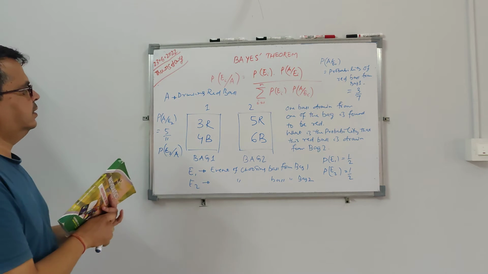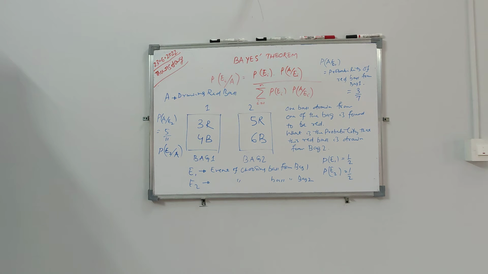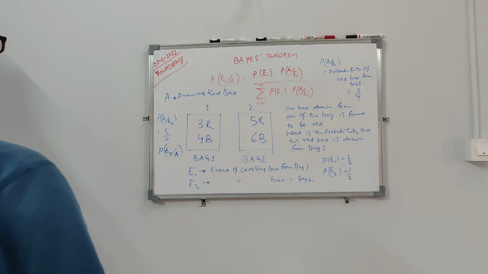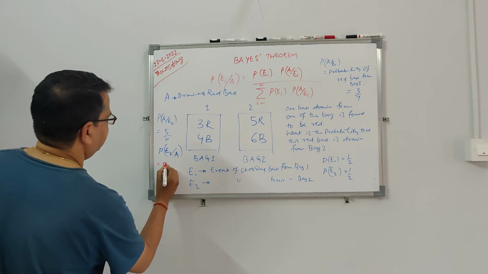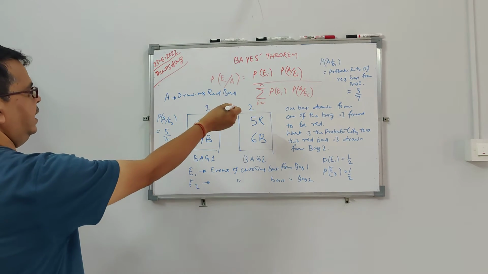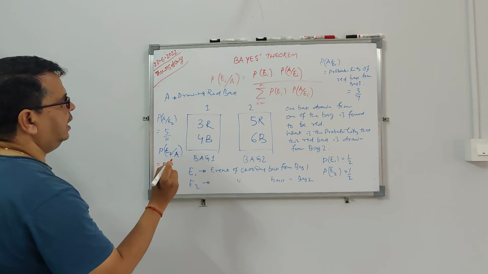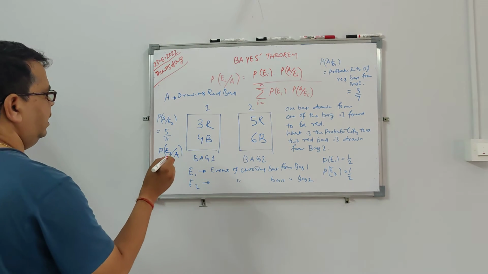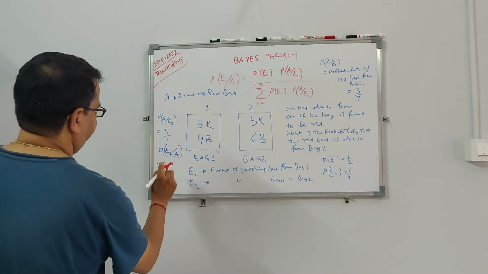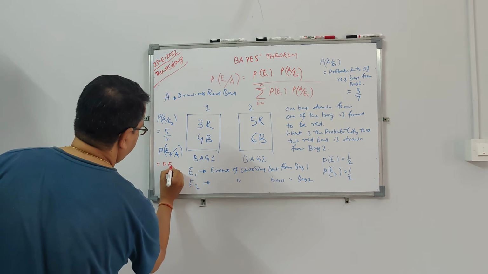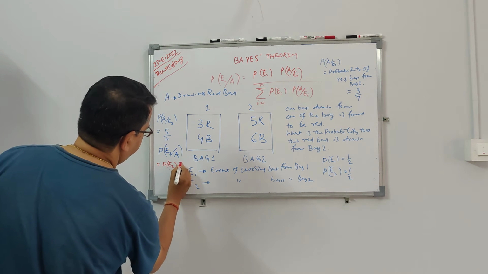So from that formula, P(E2 given A) is equal to P(E2) into P(A given E2), divided by the same thing plus P(E1) into P(A given E1).